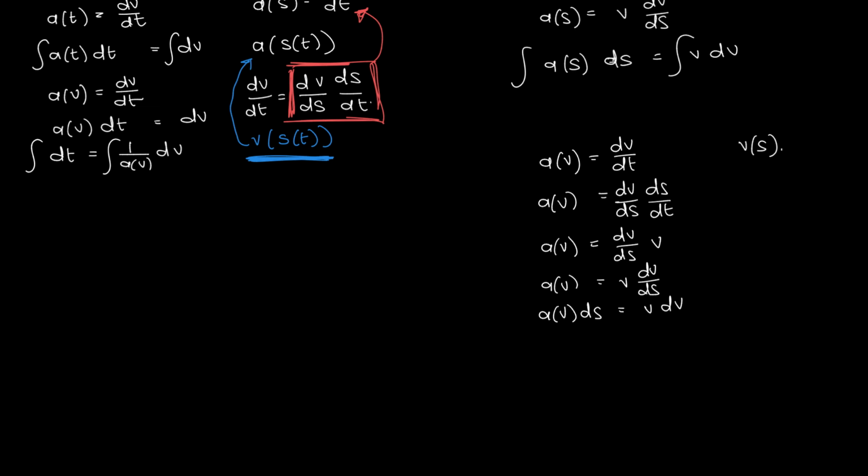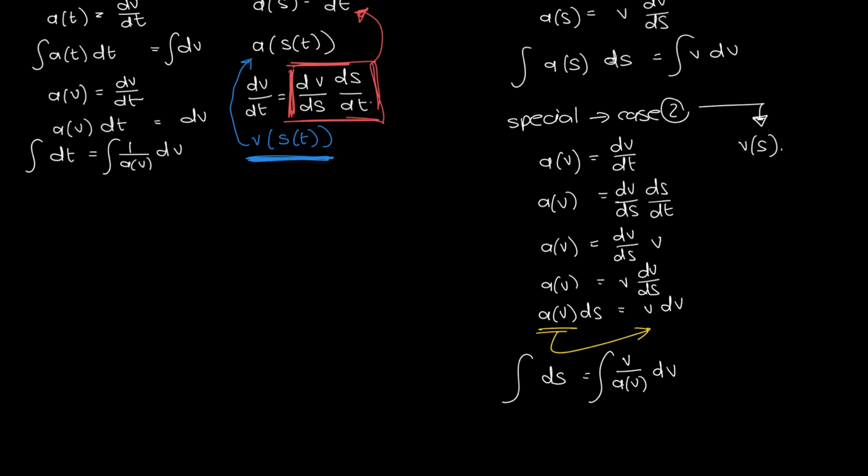Because the v needs to be with the dv, remember you're separating the variables, you need it to go that side. So then you're going to have ds, and it's divided by a v. So you're going to have v over a v dv, and now you can integrate both sides. So that's just a special option for case 2, if you want velocity as a function of distance to come out.